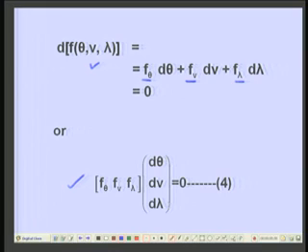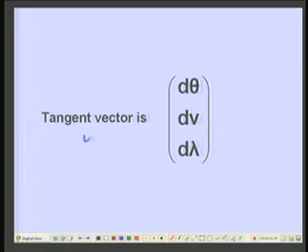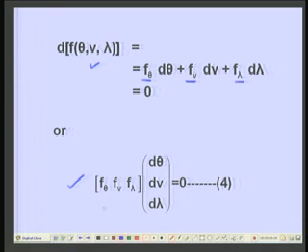Therefore, this vector d theta, dV and d lambda is given the name tangent vector. That is, the tangent vector is defined as d theta, dV, d lambda. Our interest is to find this tangent vector. To find it, what we really do is use this equation. But now the question is how to solve this problem.